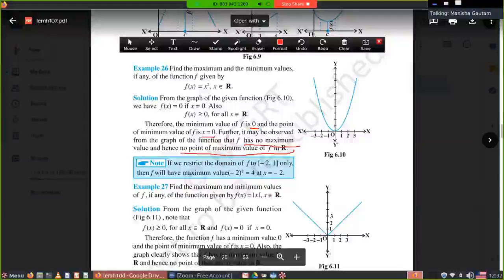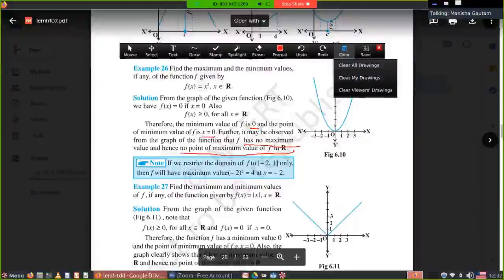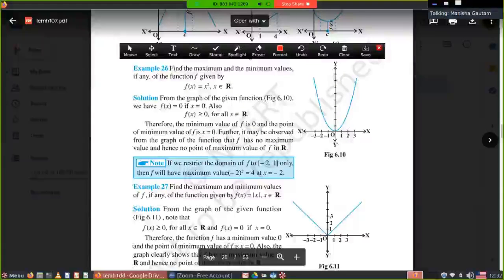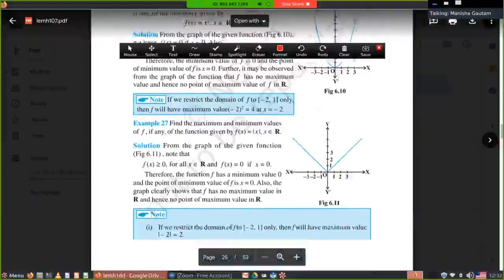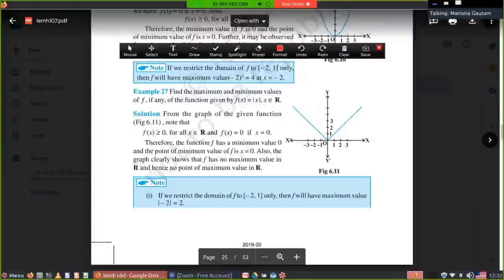Same, example number 27. You can read example number 27. Find the maximum and minimum values, if any, of the function f given by f of x is equal to mod of x.